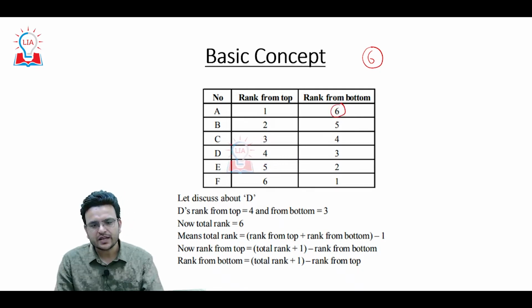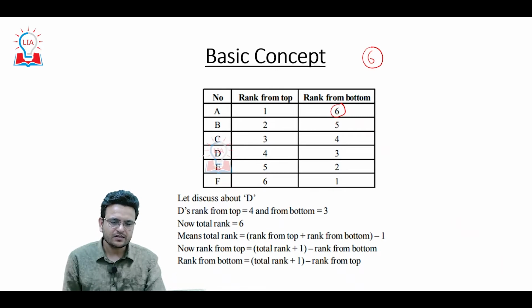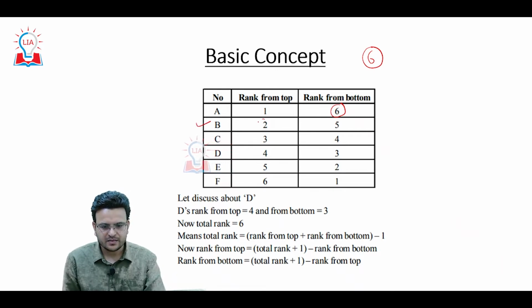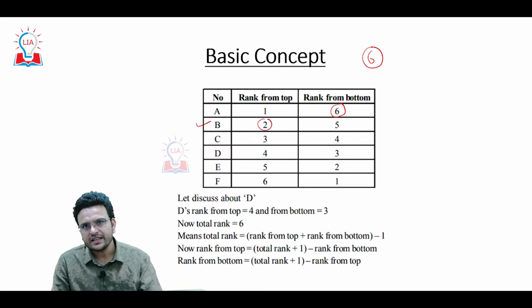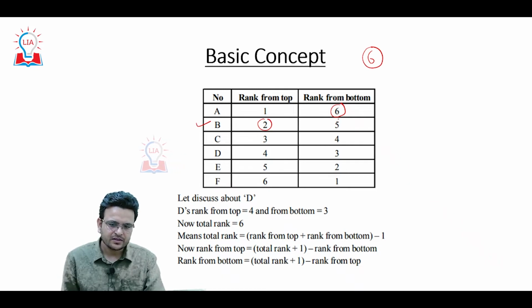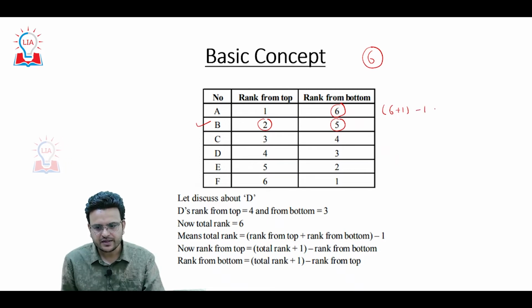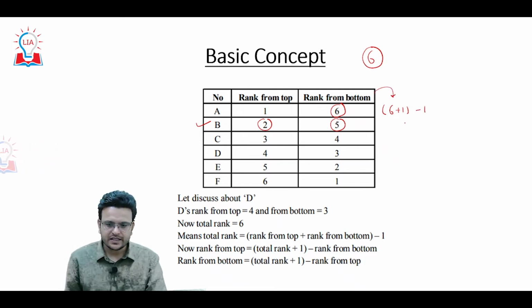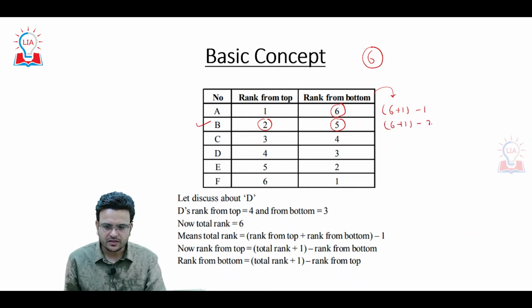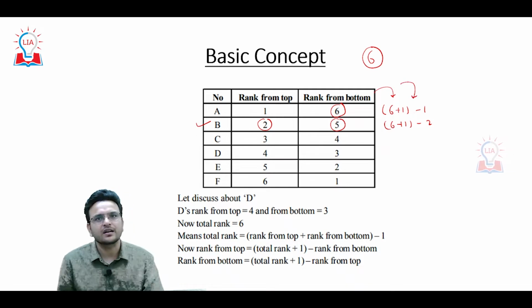Consider another student who is rank second from the top, definitely it has rank 5 from the bottom. It simply means the total students 6 plus 1 minus 1 will be the rank from the last, and 6 plus 1 minus 2 will be the rank from the last.